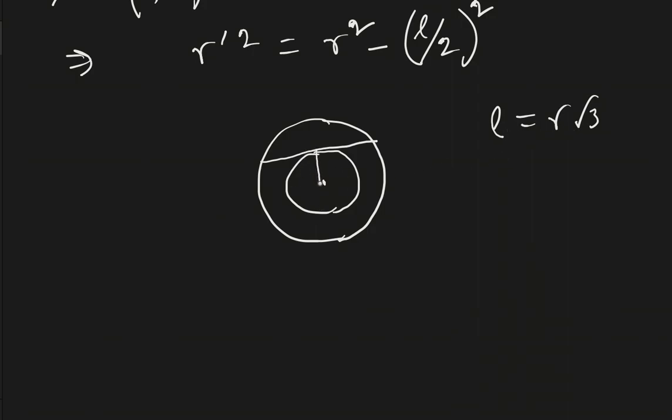So now we have to find the radius of this circle, and we know the chord length is r root 3 and this is r. So what will be r prime square?